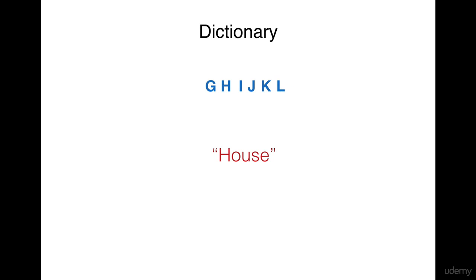We are now left with sections G through L. We go to the middle of what we have left and we wind up in section I. We throw away everything after I because we know house will not be in that area. We go to the middle of what is left and we are now in the H section, and we have successfully found the word house.